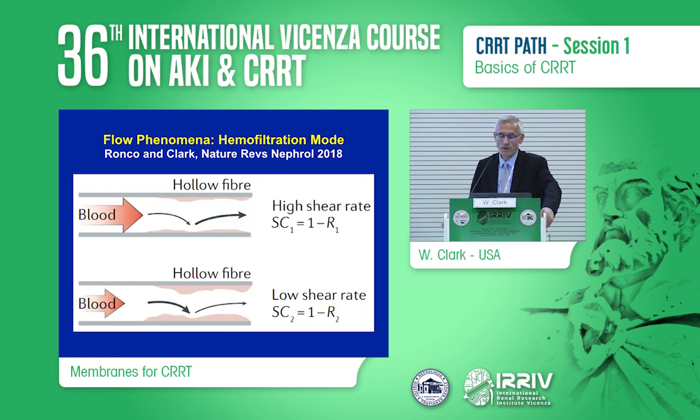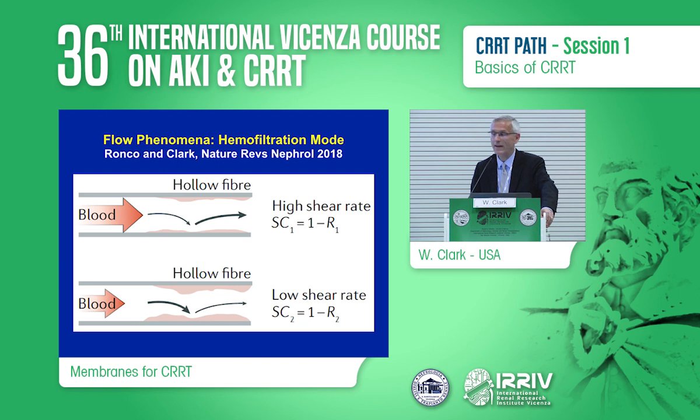Now, moving on to, again, emphasizing this idea of the effect of secondary membrane formation and how that relates to shear effects. So higher blood flow rates result in dissipation of secondary membrane effects, as I mentioned, because of the velocity gradient effects or shear effects.